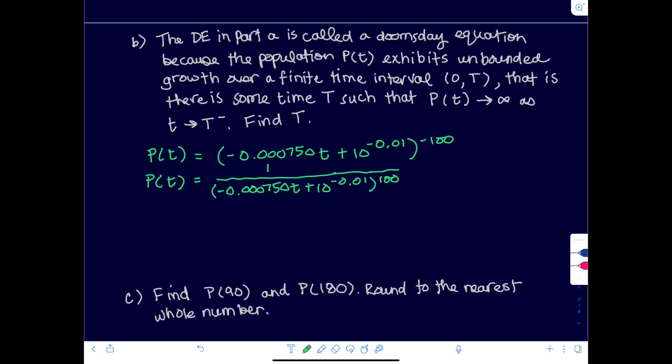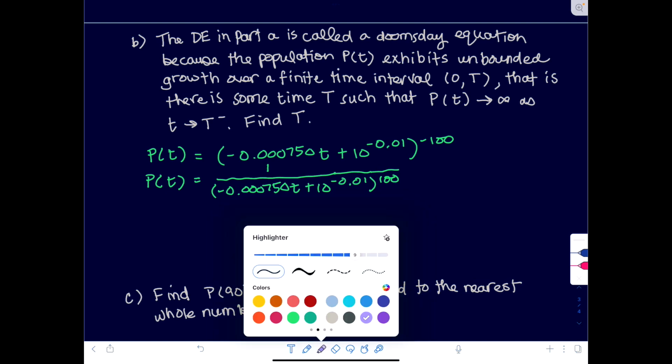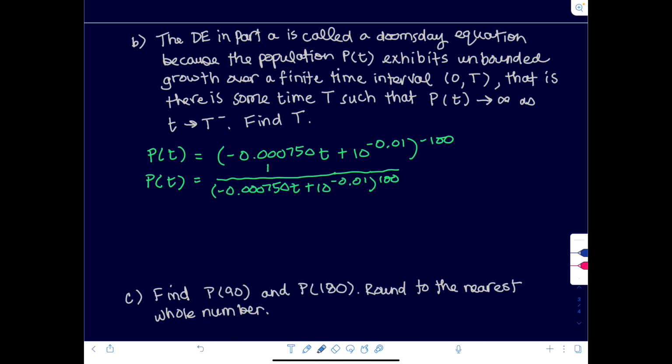Now, do you see what would happen is we got very, very close to 0 in this quantity inside that's being raised to the 100, then that would send P at t to infinity.